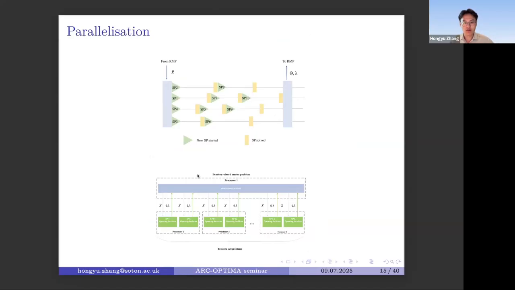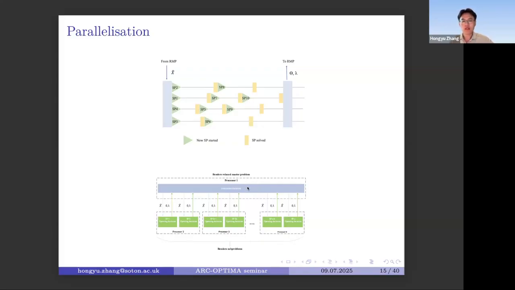The plot down below also shows how these different processors work. We have a master processor, which coordinates everything and solves the reduced master problem.